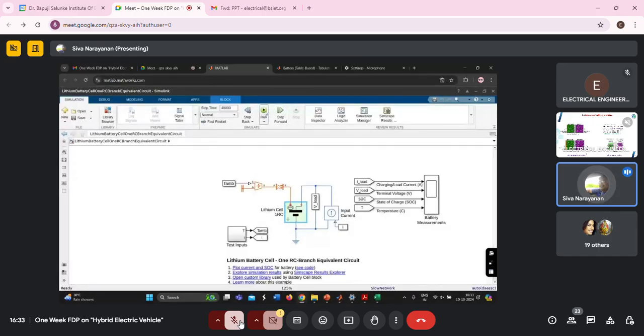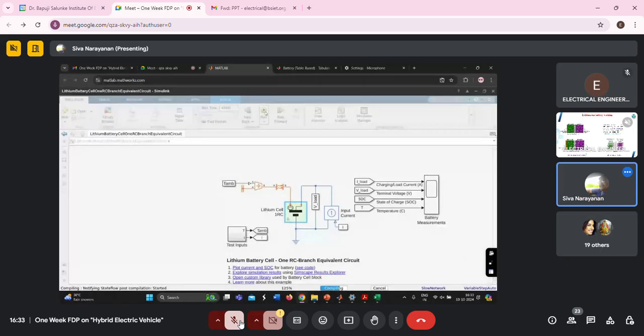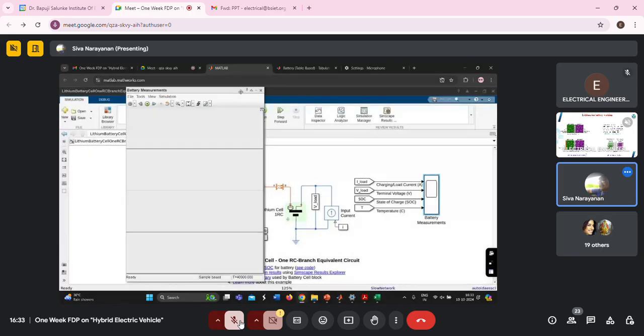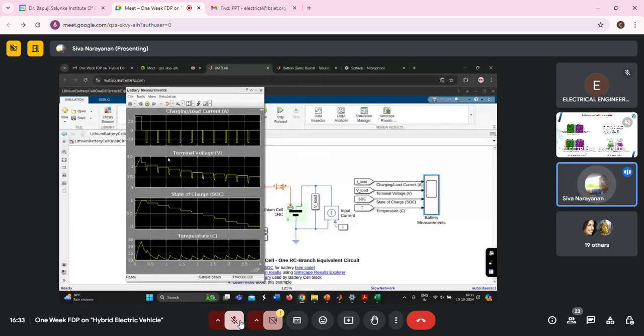Once you run the model, based on the current values you can see how the terminal voltage varies. Here the initial SOC is somewhere around 0.4 and it goes to 1 and is slowly reduced.